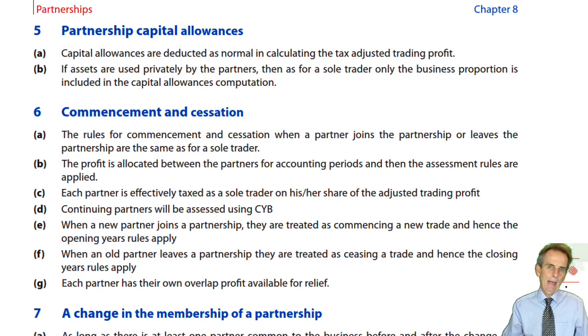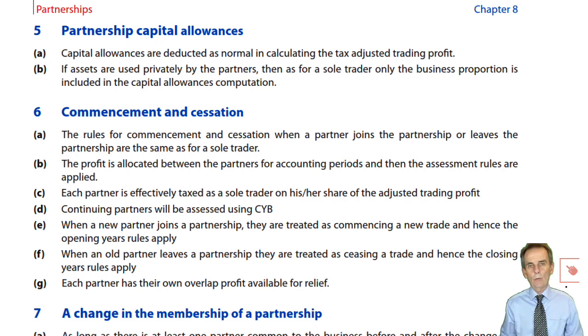The point about capital allowances that we need to make here is that each partner is an unincorporated trader, a proprietor. Therefore, the issue that we dealt with in Chapter 5 of private use of a business asset by a proprietor, most likely of course a car provided for use within the business but also used privately, we know that in terms of adjustment of profits for the unincorporated business, whether sole trader or now partnership, any private use expense would be disallowed.